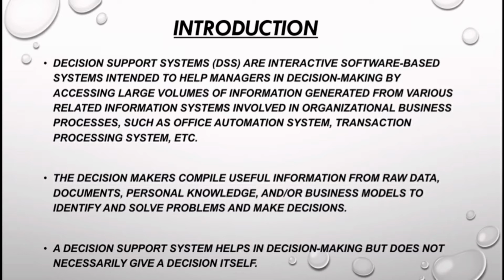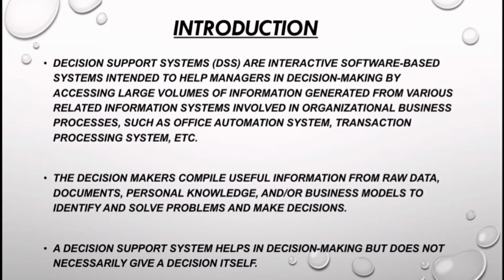That is, decision support systems are interactive software-based systems intended to help managers in decision making by accessing large volumes of information generated from various related information systems involved in organizational business processes, such as the office automation system, transaction processing system, etc. In decision making, decisions are made using raw data, documents, personal knowledge, and business models to identify and solve problems, and make decisions.